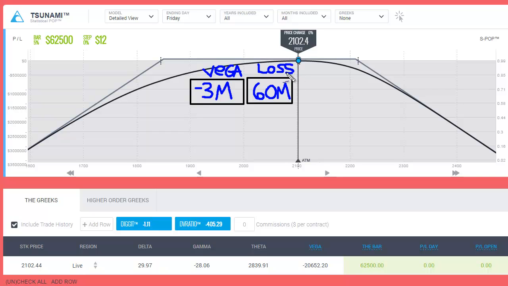So you have a Vega, which we were looking at down here, that was shifting to negative 3 million, which is caused by the positive Vanna position behind the Vega. But also you're going to have an increase in volatility. So approximately, there could be about a $60 million loss over here.